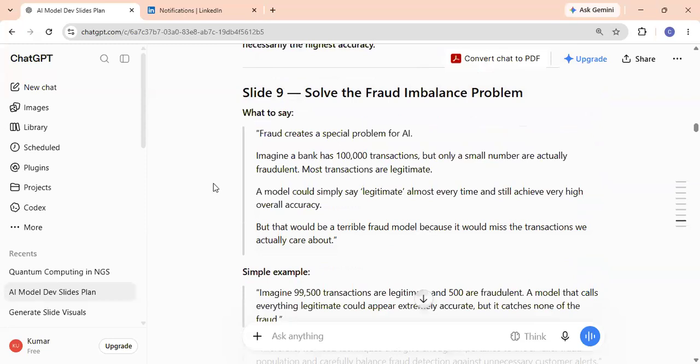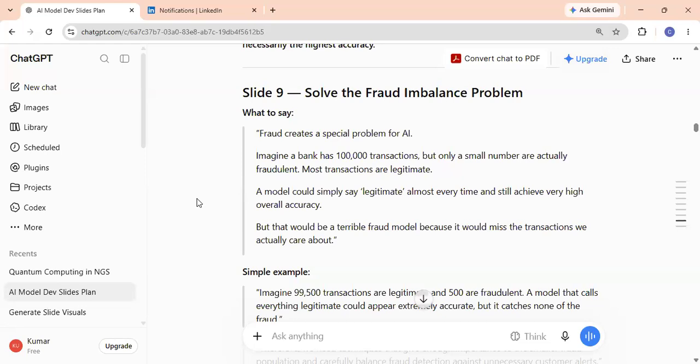Fraud creates a special problem for AI. Imagine a bank has got 1 lakh transactions, but only a small number are actually fraudulent. Most transactions are legitimate. It is the fact if the card is not being used for fraudulent purpose, this is the situation. A model could simply say legitimate almost every time, still achieve very high overall accuracy.